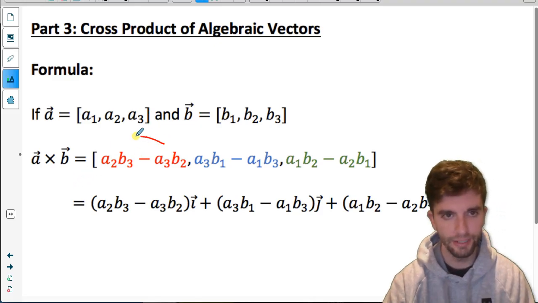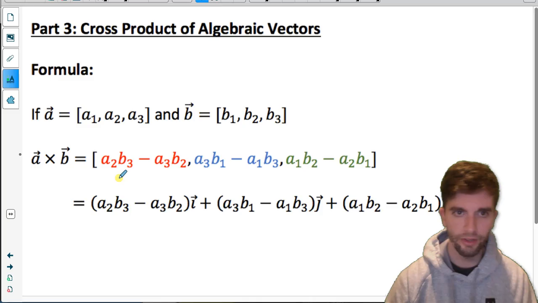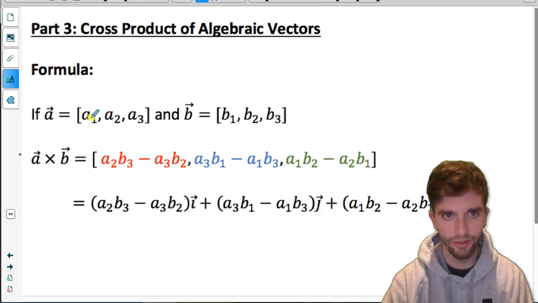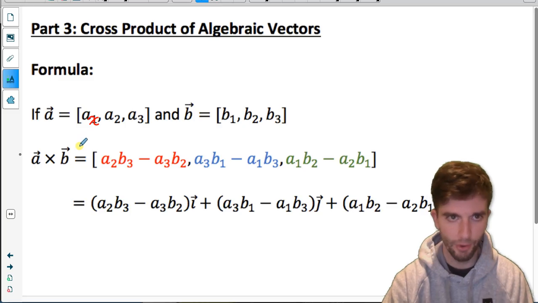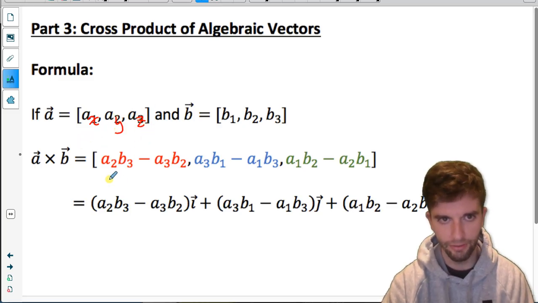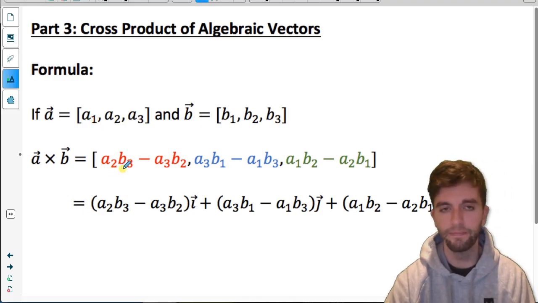Now for this formula down here for the cross product of algebraic vectors, you'll notice I'm using this notation that has subscript 1, 2, and 3's. Just notice that a subscript 1 means the x component of the vector, a subscript 2 means the y component, and a subscript 3 means the z component. I just decided to use 1, 2, and 3 for this formula.